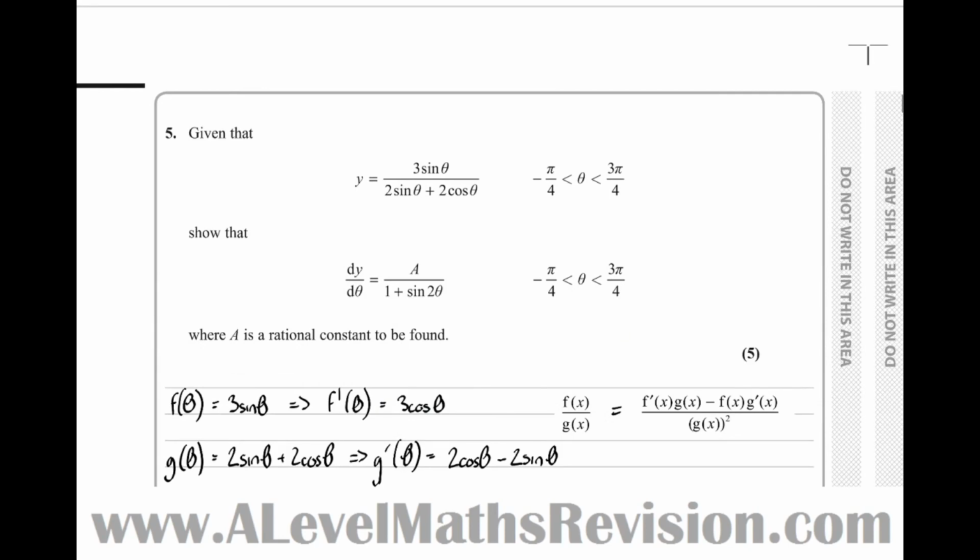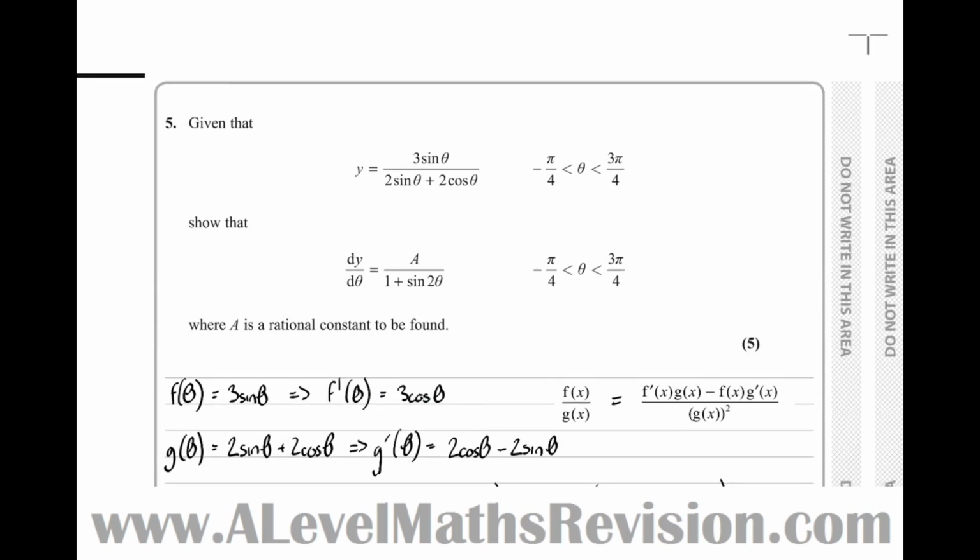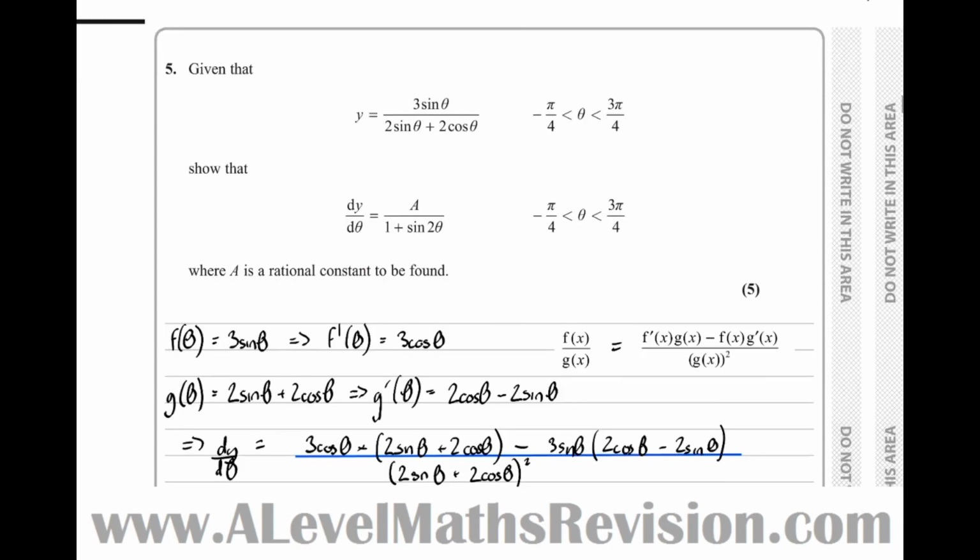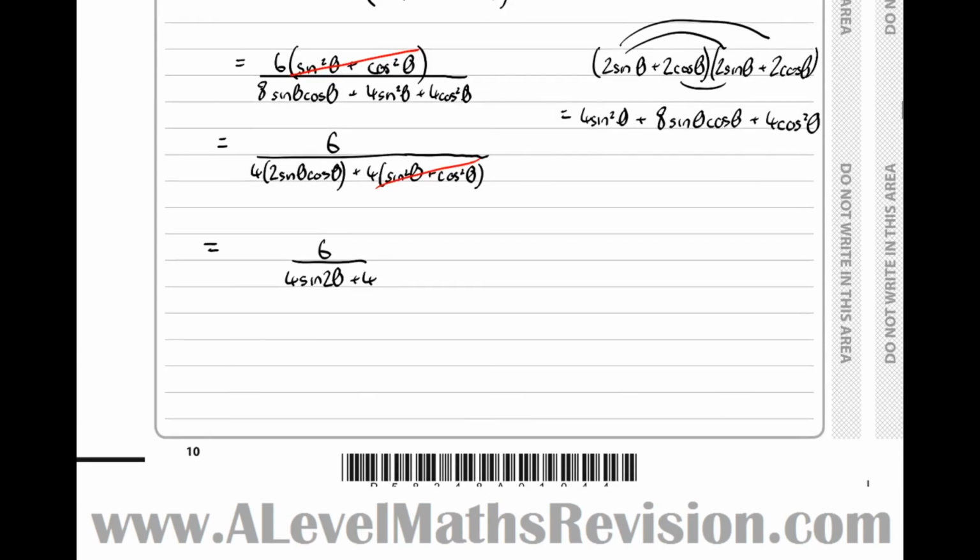Let's see how that compares to the answer. It wants it in the form with just a constant on the top and 1 plus sine 2 theta on the bottom. So that's equal to 6 over 4 at the front. Take out a factor of 6 over 4. So the top becomes 1, and 6 times 1 is the 6 that we need on top. And the bottom, 1 plus sine 2 theta.